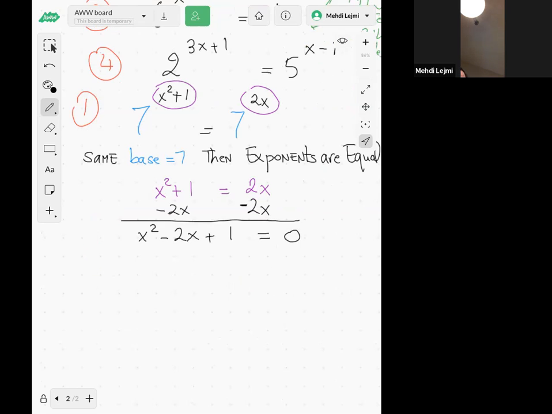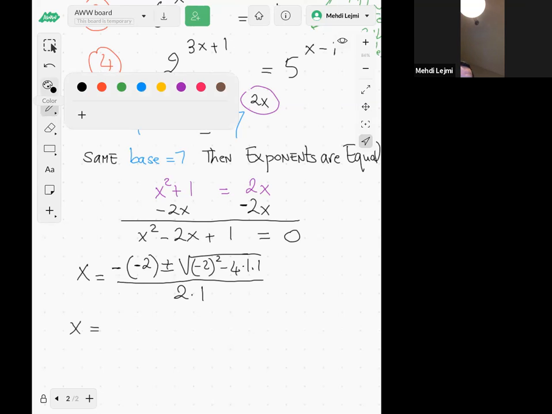So x would be minus b, that's minus -2, plus or minus the square root of b squared, that's -2 squared, minus 4 times a, which is 1, times c, which is also 1, over 2a, that would be 2 times 1. Minus -2 would be plus 2.